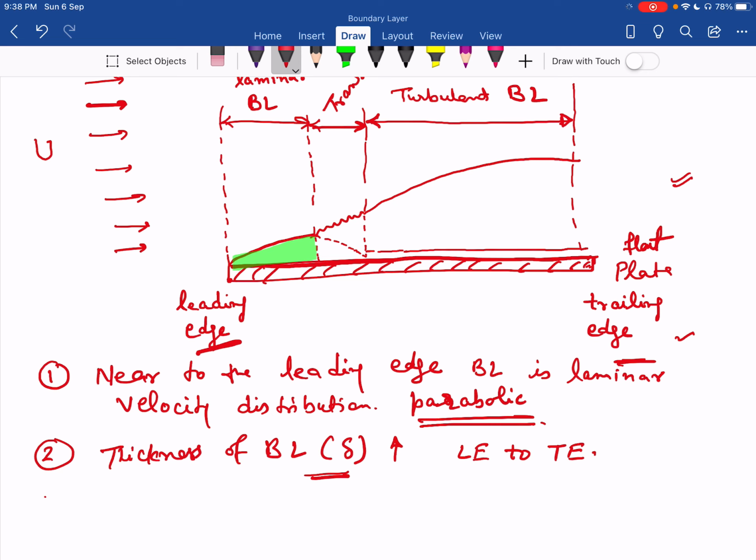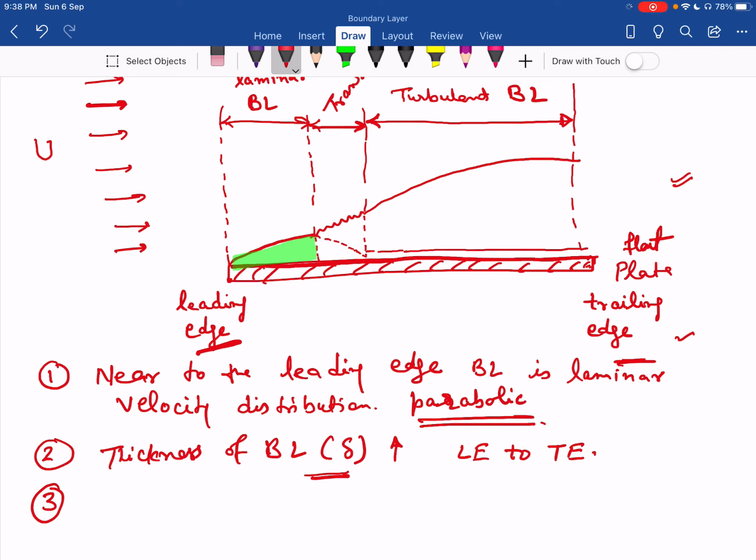Okay, so the third point you can note down, for a turbulent flow. Within this region of boundary layer, there is one part of the boundary layer where the flow is turbulent, and that part we call the turbulent boundary layer.